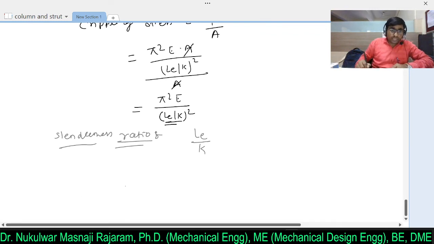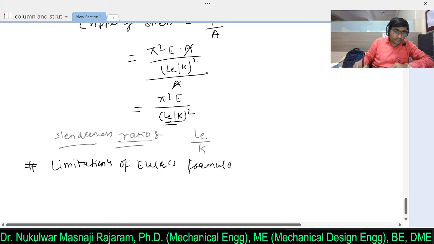Clear? Now we will discuss some limitations of Euler's formula. Clear?